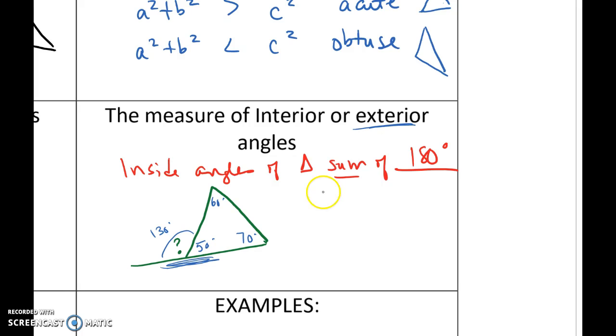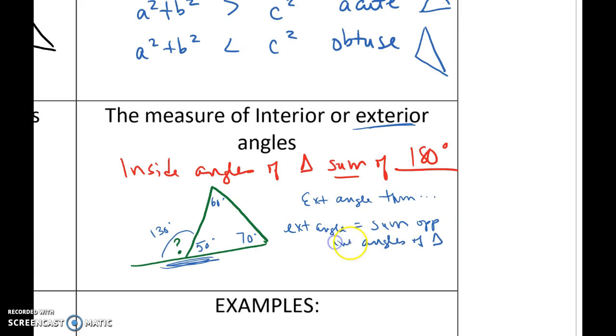Another thing you could do is there's actually an exterior angle theorem, for those of you that care, that says that the exterior angle is equal to the sum of the opposite interior angles, sorry, of the triangle.